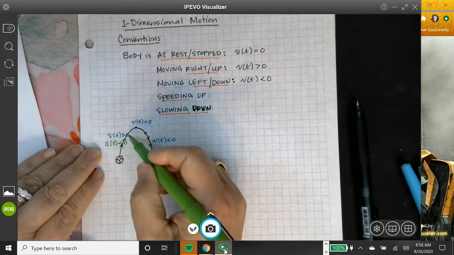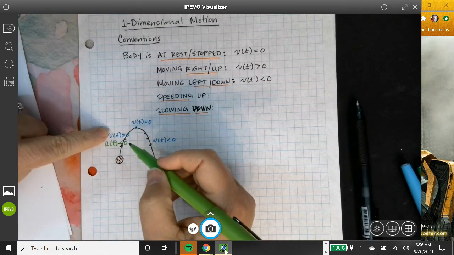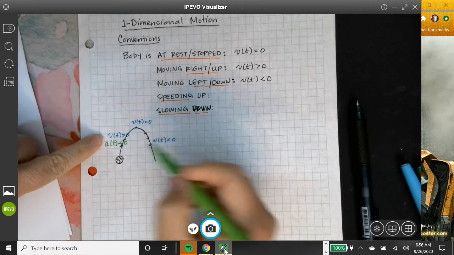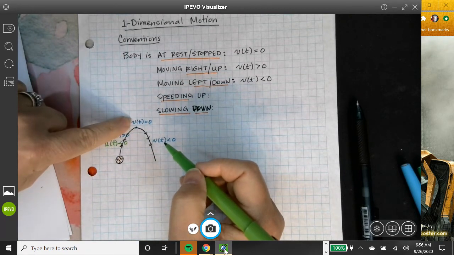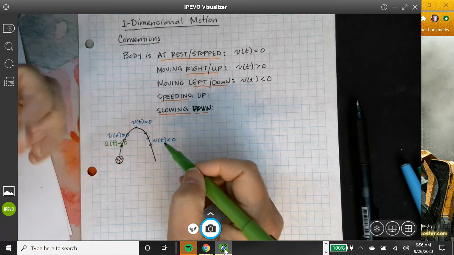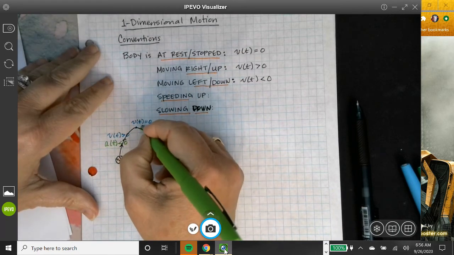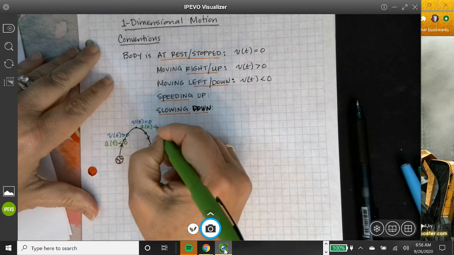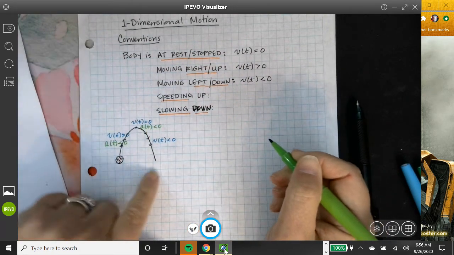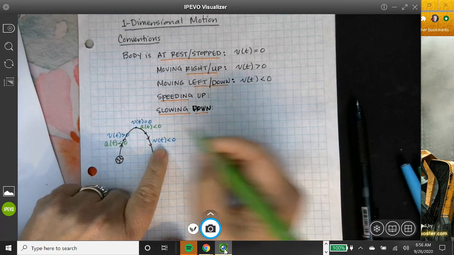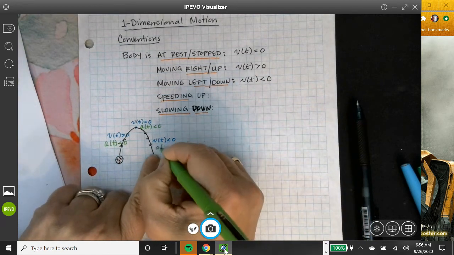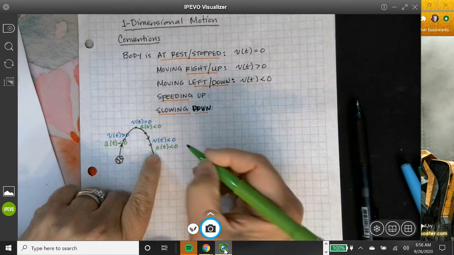Okay, so when I throw the ball up, I have positive velocity and negative acceleration. When I'm up here at the top, the velocity is 0, but acceleration due to gravity is constant, so it's still a negative quantity. And then on this side, the acceleration is still negative because it's constantly negative.